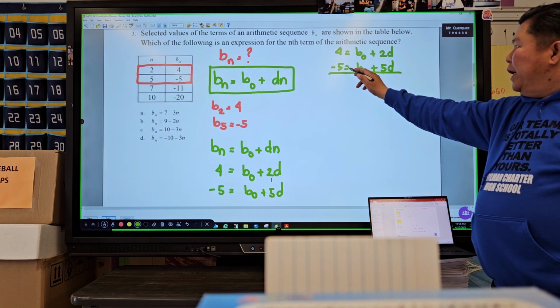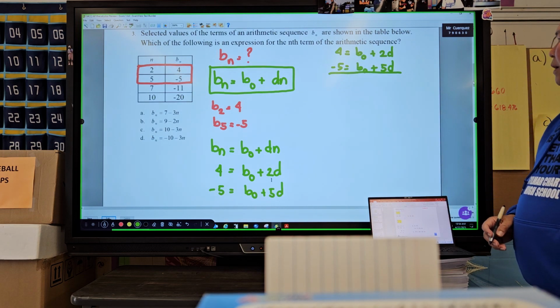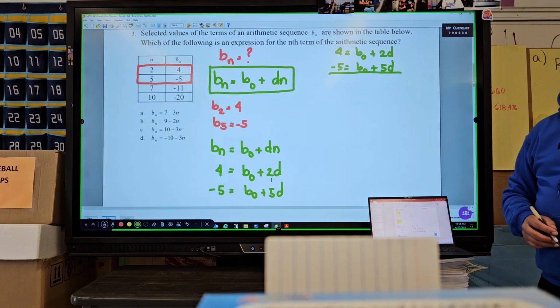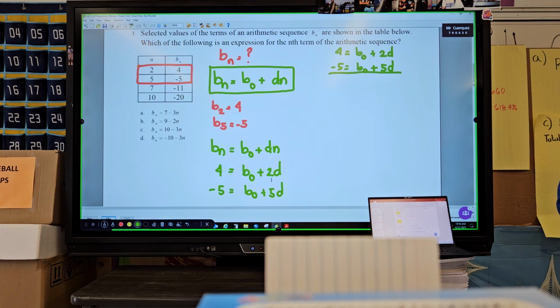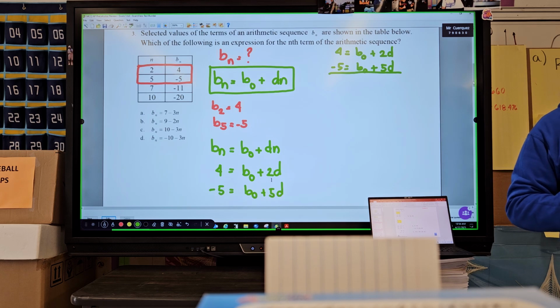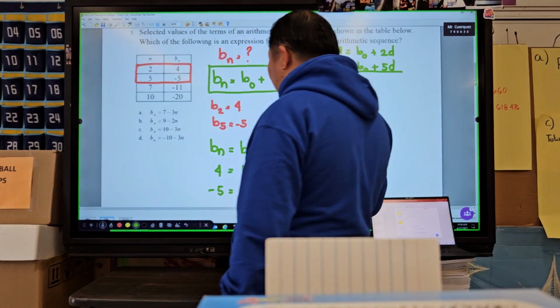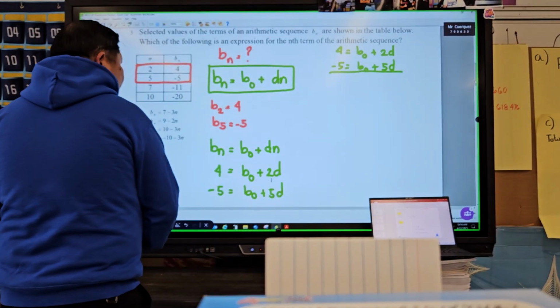Now remember, the negative 5 equals b sub o plus 5d is the subtrahend. What is the rule of subtraction? We mentally change the sign of the subtrahend and proceed as in addition. So I'm going to change the sign of the subtrahend.